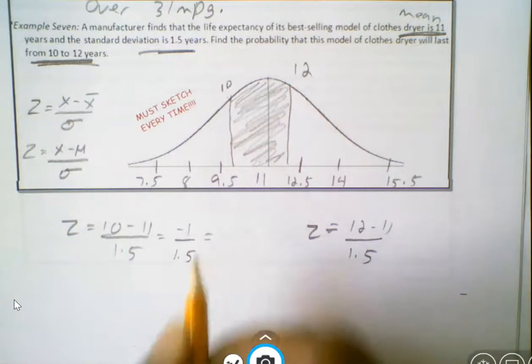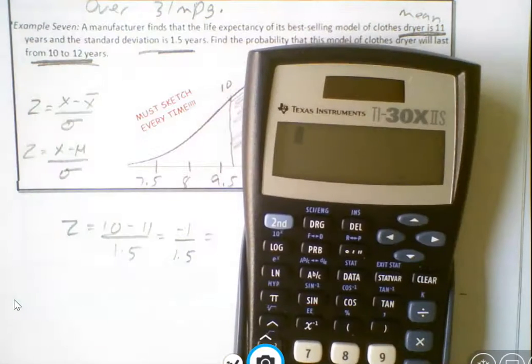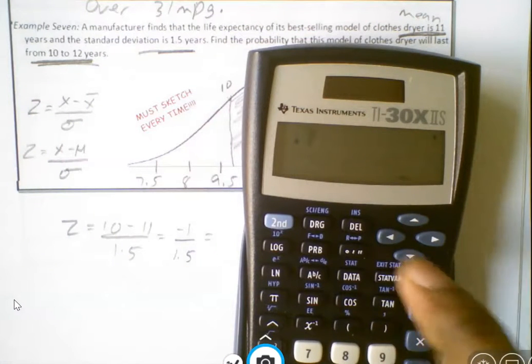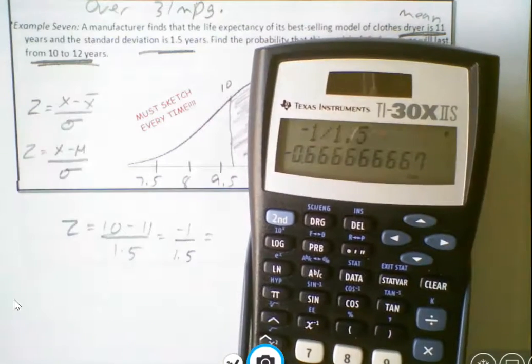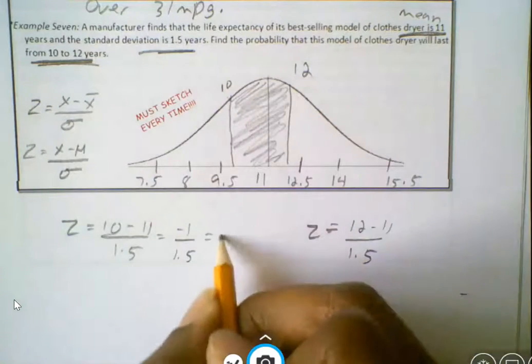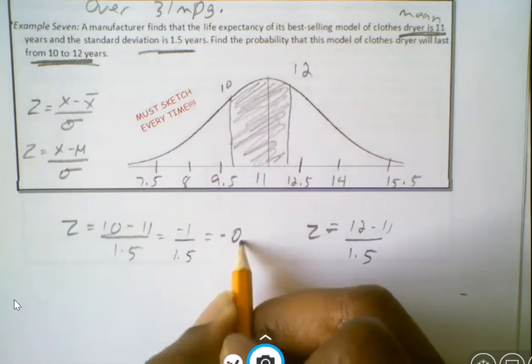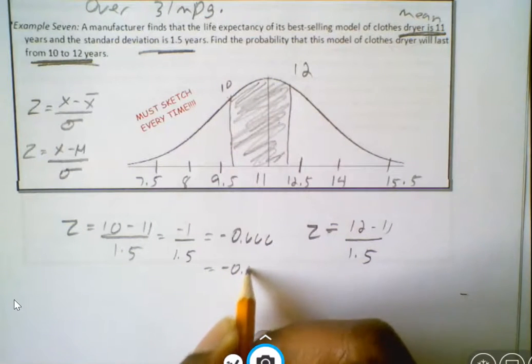So for this z-score, type that into your calculator. Negative 1 divided by 1.5 is about negative 0.666. We're going to call that negative 0.67.